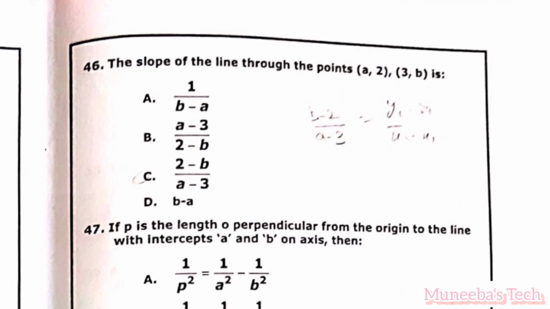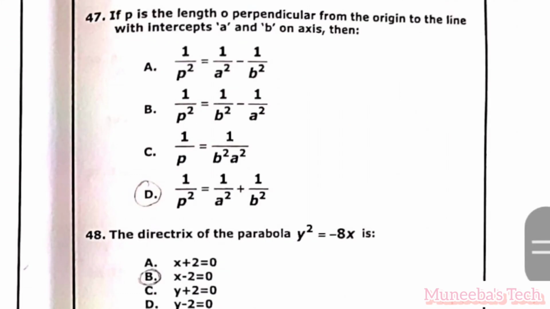So I put the values of y1 and y2, x1 and x2, and we get the answer C. Question 47, if P is the length of the perpendicular from the origin to the line with intercepts A and B on the axes, then we know that for this perpendicular, option D is correct: 1 over P square equals 1 over A square plus 1 over B square.